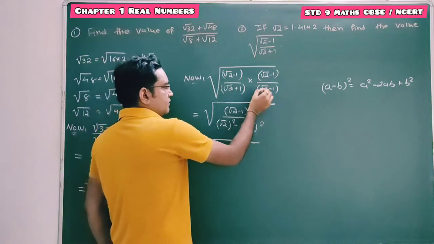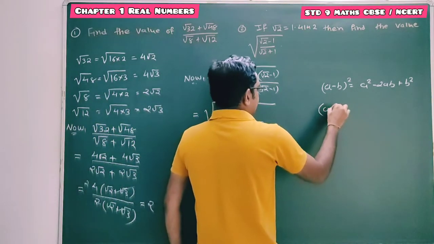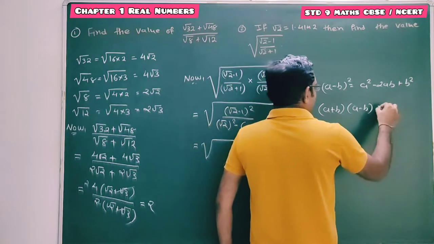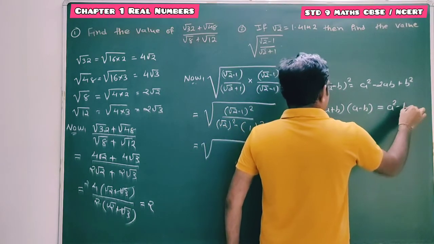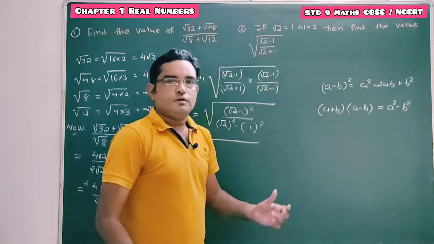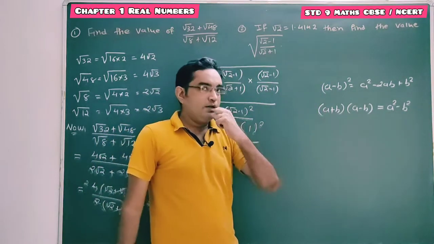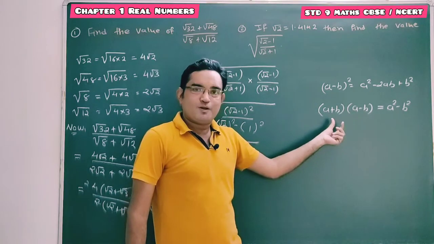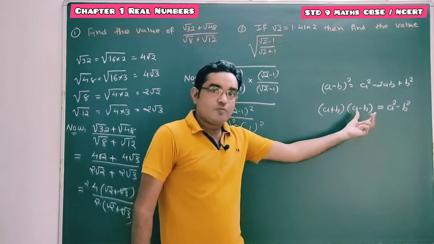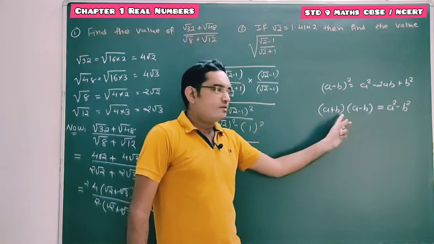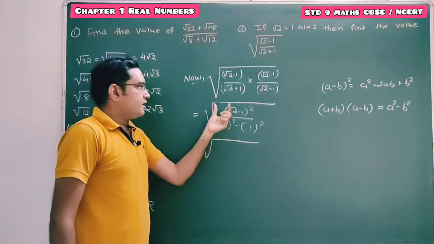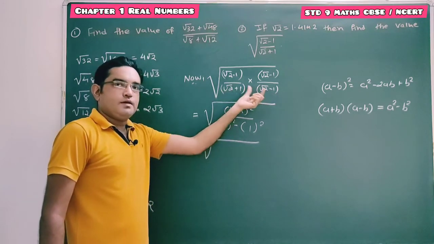And in the denominator we have used a plus b into a minus b, that is equal to a square minus b square. It is the multiplication of a binomial with a binomial, in which the first term consists of a plus sign and the other term consists of a minus sign. So the expansion is first term square minus second term square. So here the same identity is there, a plus b, a minus b.